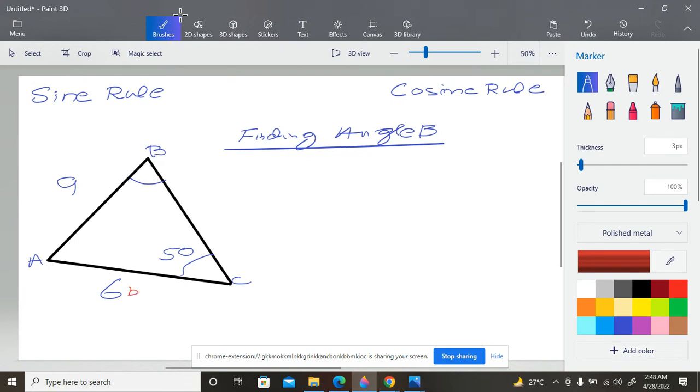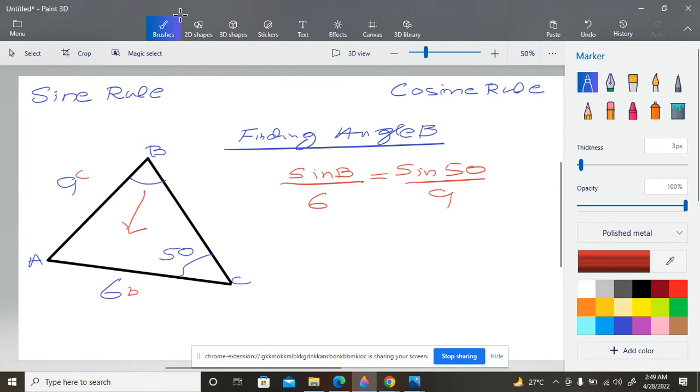I have angle C and I have small c as well. Whatever you are finding goes in the numerator, so sine B divided by the side opposite to B, which is 6, equals sine C, which is sine 50, divided by small c, that is 9.